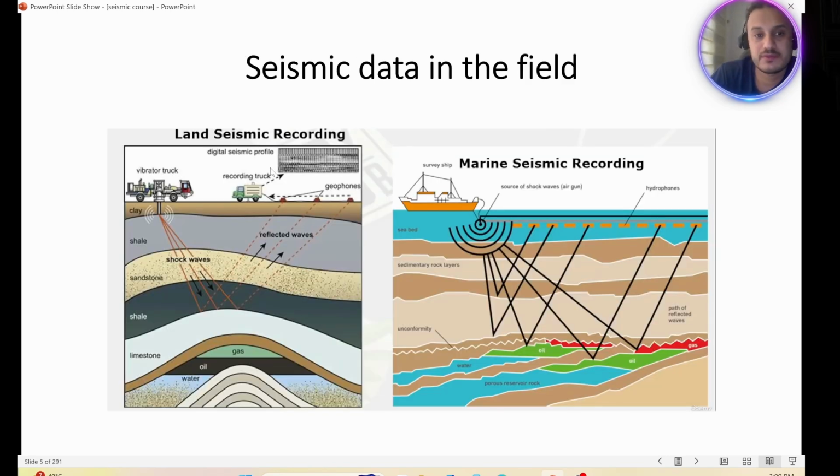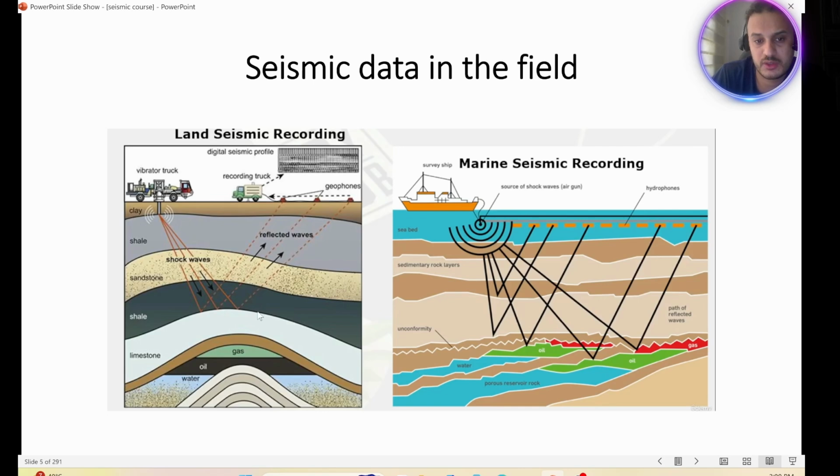So we have land seismic recording and marine seismic recording. The same principles: we have the source to generate the seismic wave, and this wave will go through the rocks, and depending on the rock type, we have sandstone, which is a clastic rock, and we have carbonate rock, limestone or dolomite, and shale.